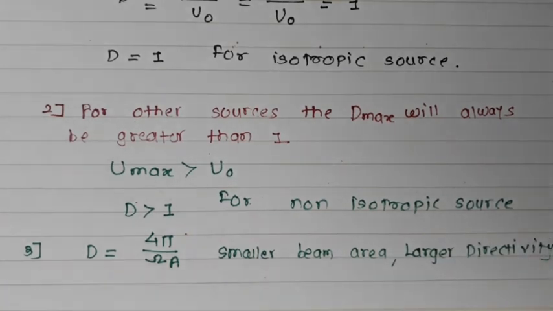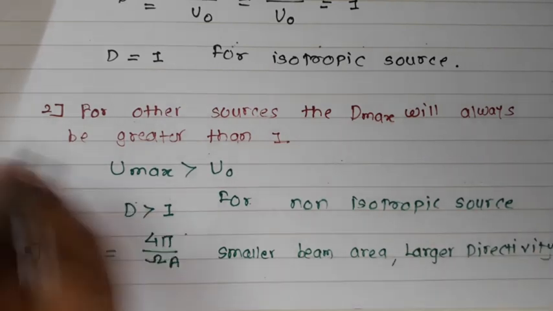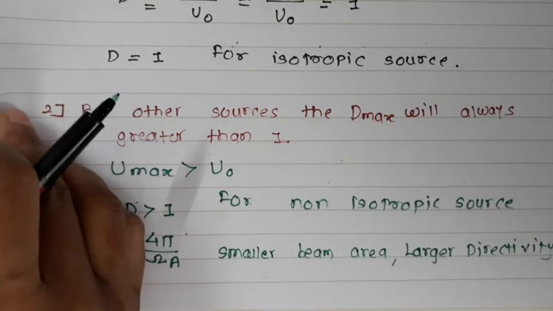Now let us talk about the fourth property, the beam area. We know that beam area is nothing but the multiplication of your half power beamwidths in one plane and in the other plane.